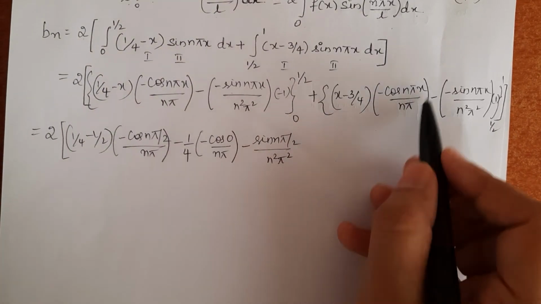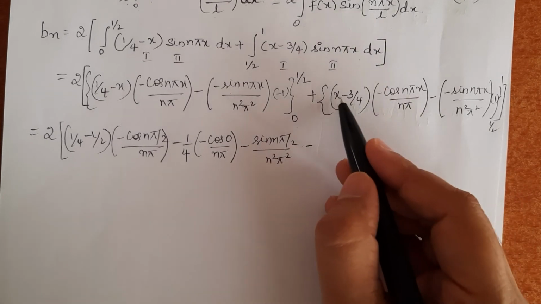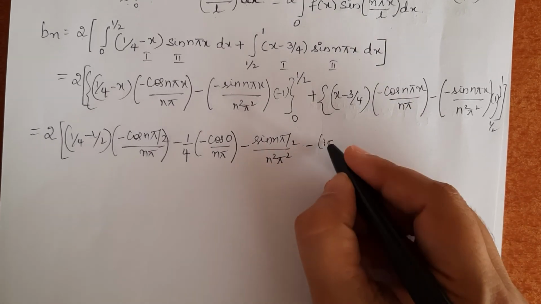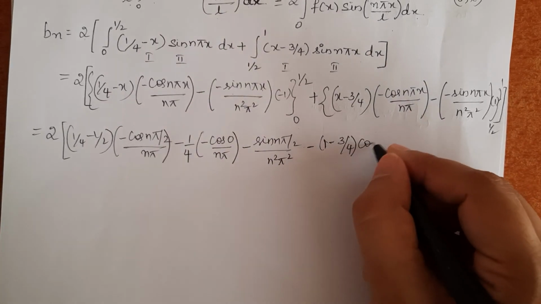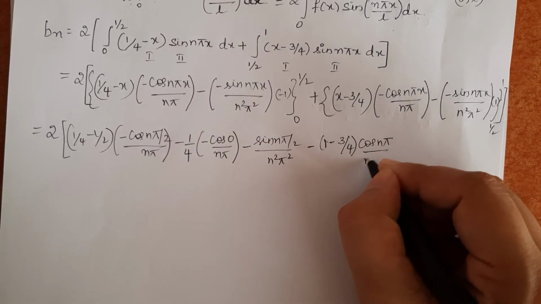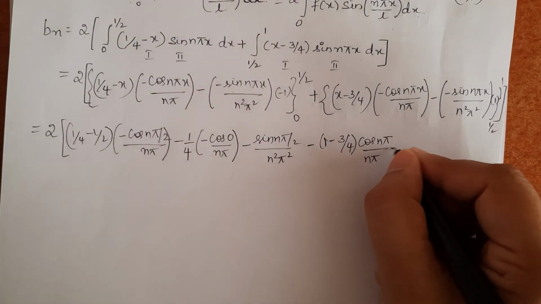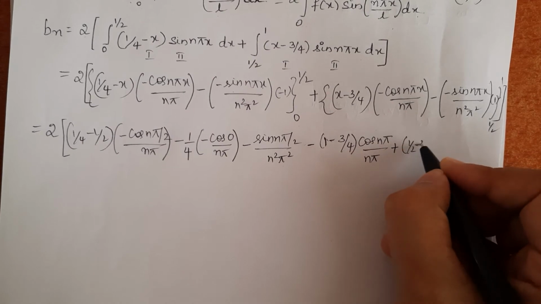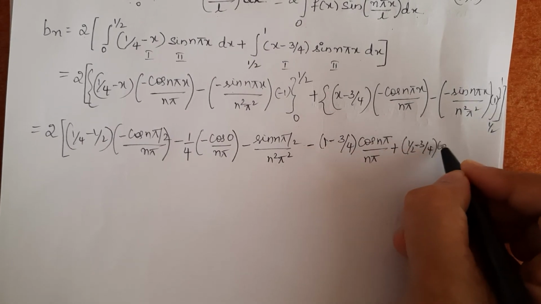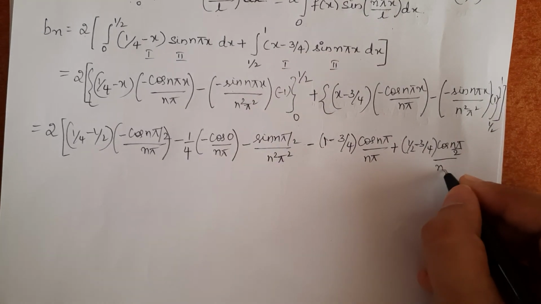Then we will go to the next term. This term has a minus sign; the upper limit is (1 minus 3/4) into cos n pi divided by n pi. This is the upper limit value. So, minus of minus will be plus; the lower limit is (1/2 minus 3/4) into cos n pi by 2 divided by n pi.